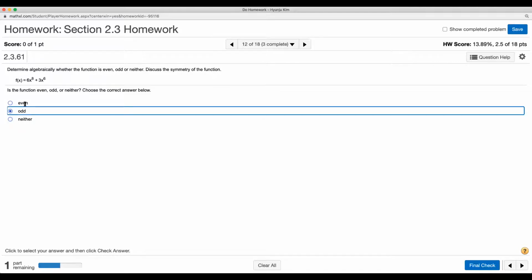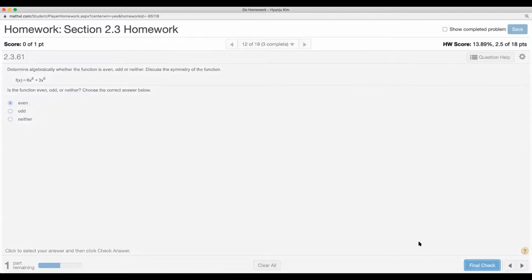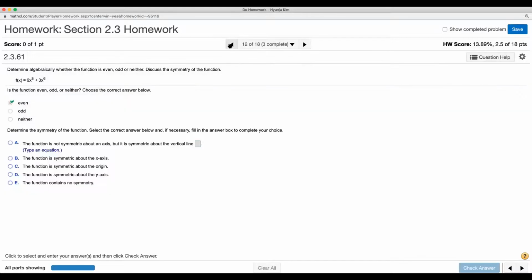So this is an even function. What about even function minus even function? Still an even function. Keep this in mind. That's one of the particular characteristics of even functions.